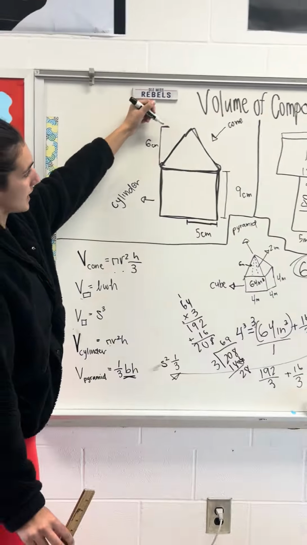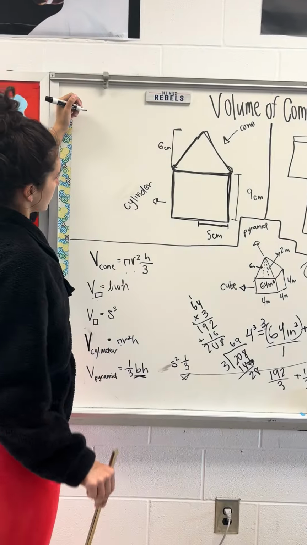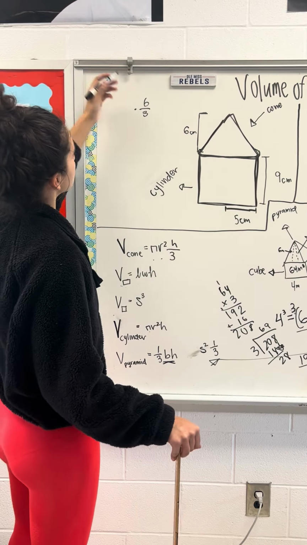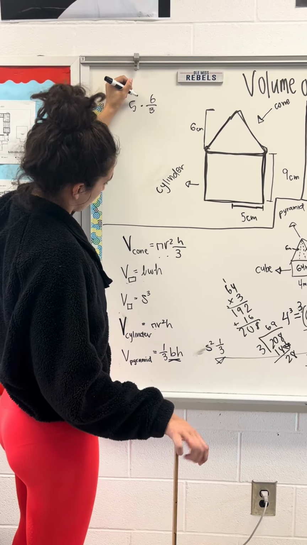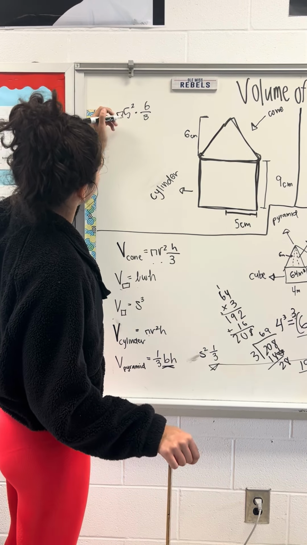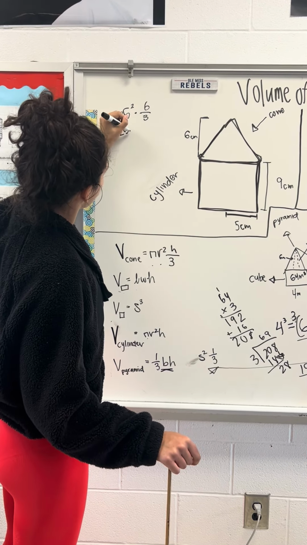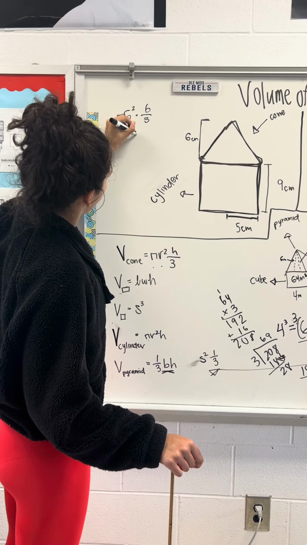We can see here that the height of this cone is 6 centimeters, so we have 6 divided by 3 times our radius, which is the same radius as our cylinder because they're connected. So we have 5 squared times pi, which equals 25 pi times 3, which equals 75 pi centimeters cubed.